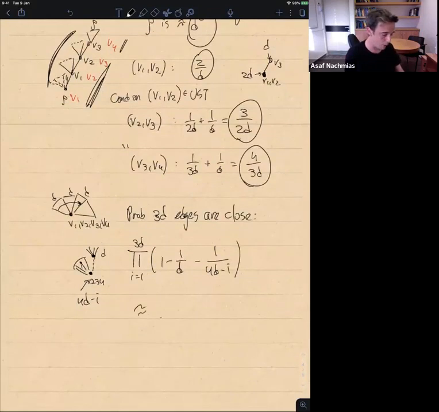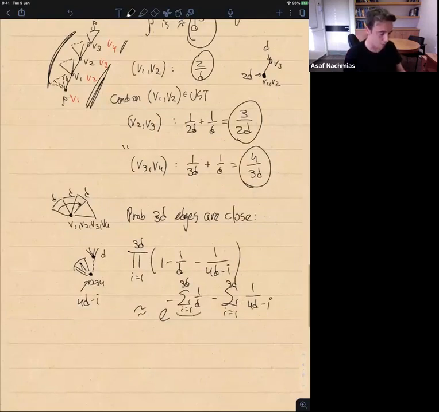So this will be e to the minus the sum, i from 1 to 3D, of 1 over D, minus the sum from i to 3D of 1 over 4D minus i. Great. So this first sum, of course, equals 3. So it's e to the minus 3.